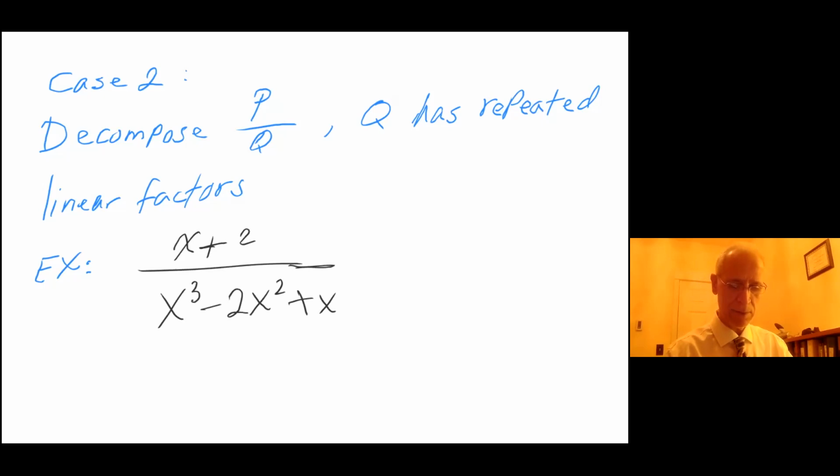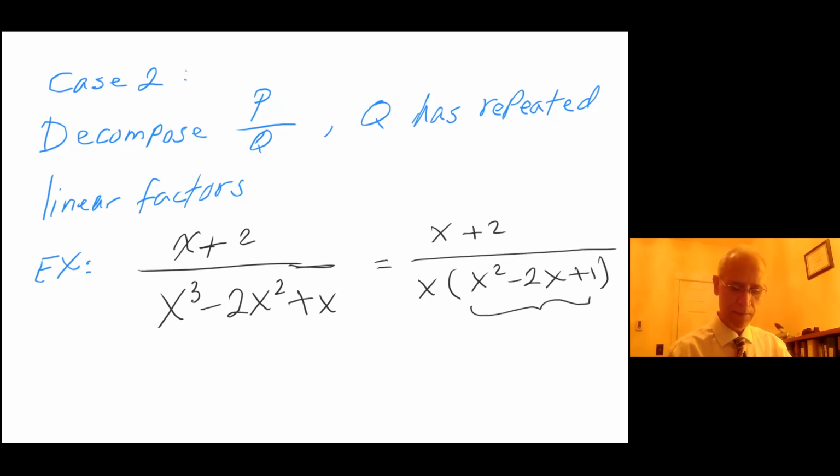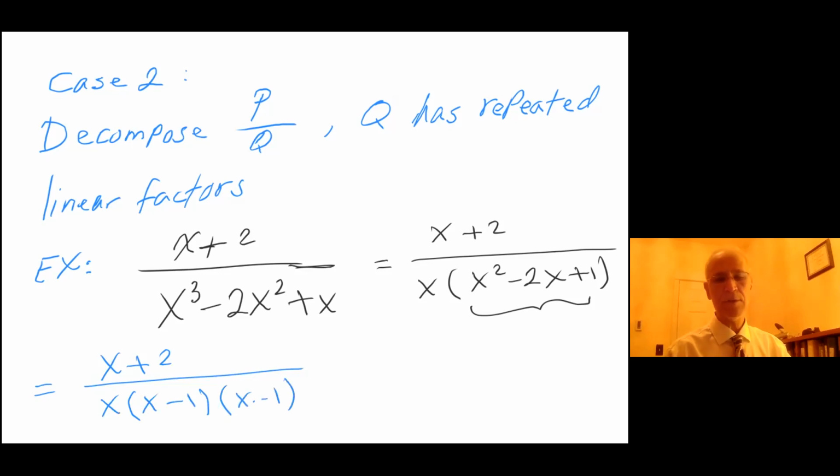So this equals x plus 2 over x times x to the second minus 2x plus 1. And now this can be factored to x plus 2 over x times x minus 1 times x minus 1. So notice that all the factors are linear, but I have repeated factors here.